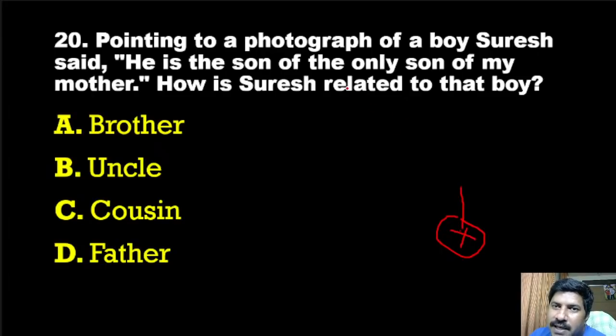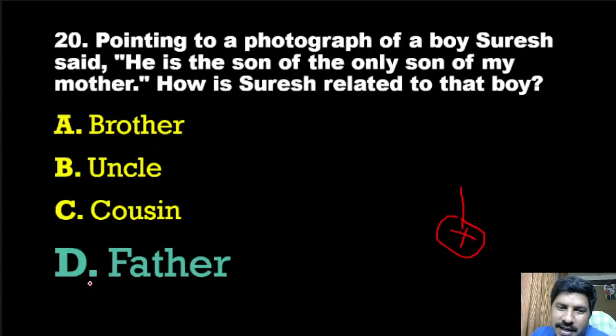Then the boy will be the son of Suresh. I think you got the picture, because the boy in the photograph is the son of the only son of Suresh's mother. Hence Suresh is the father of the boy. So the correct answer will be option D, that is father.